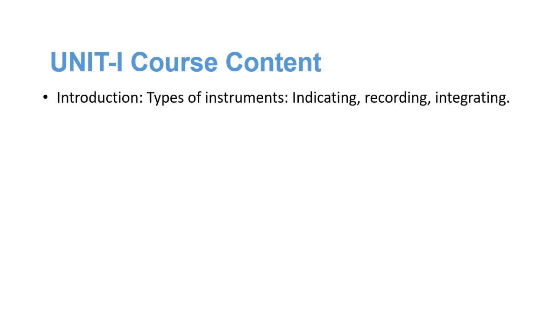However, the content that we are going to cover in this session is types of instruments and their classification. However, there is a big ocean of instruments, and the instruments are not limited to this.